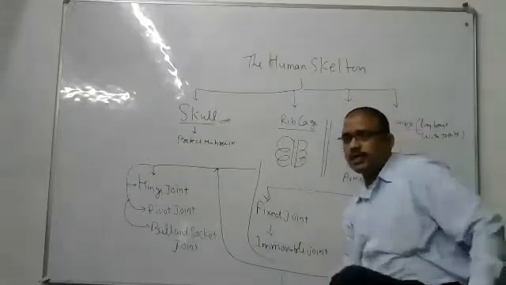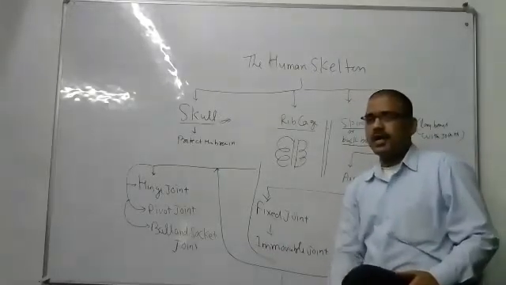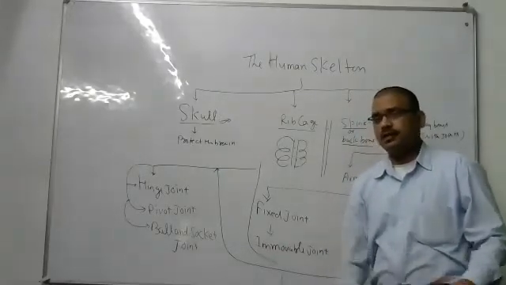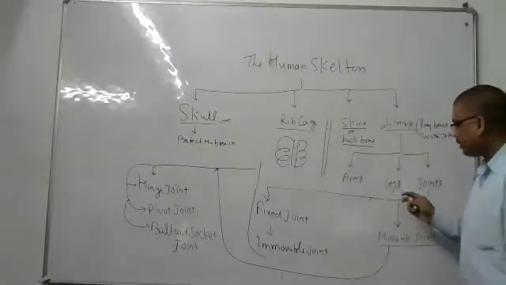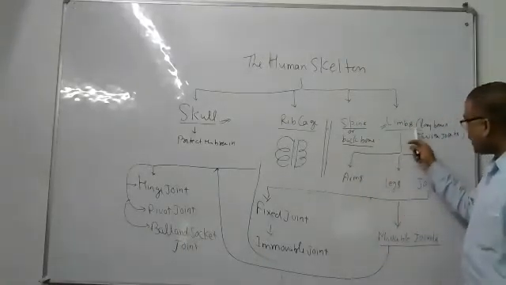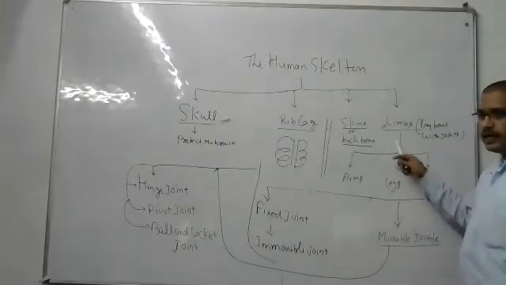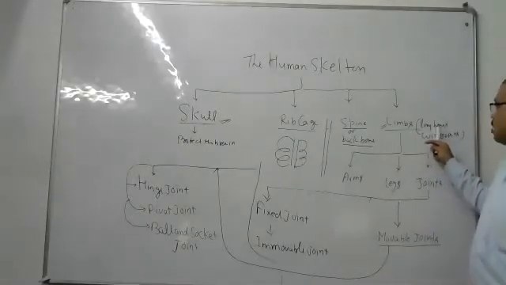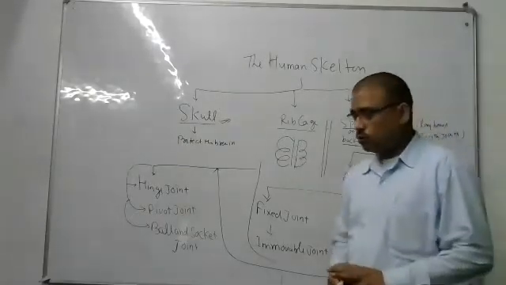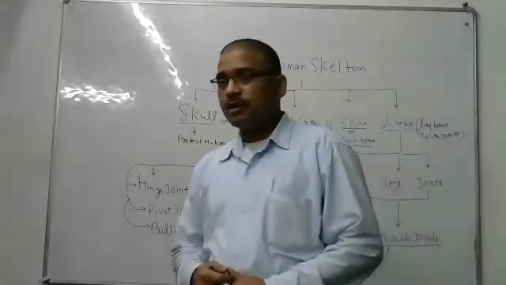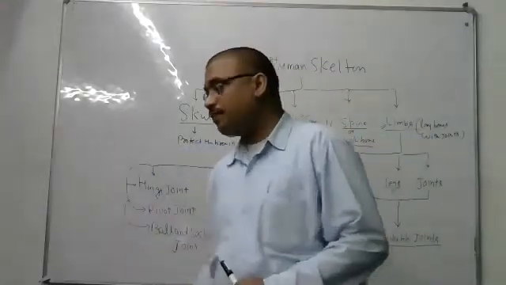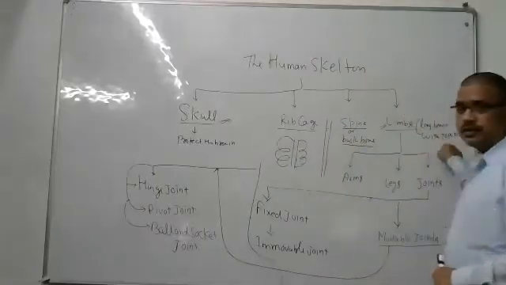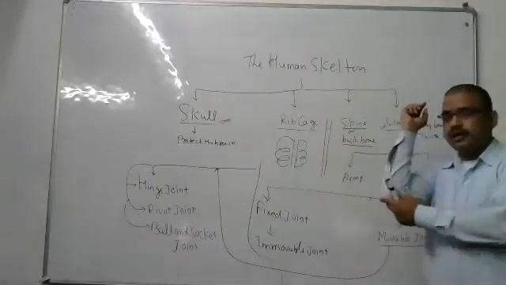This part is basically called the legs. Okay, so these are the limbs. Limbs are basically long bones, and those long bones are joined with the joint parts. Okay.